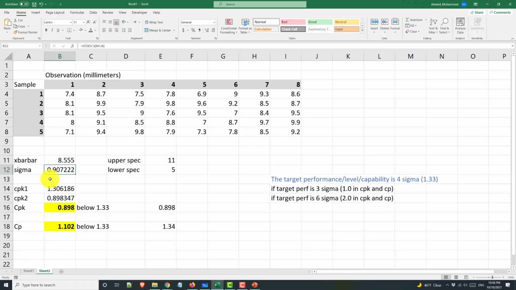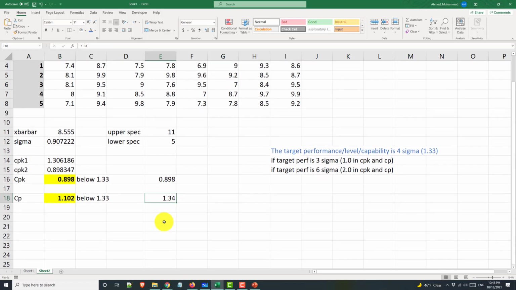Your process is very tight. It doesn't have a lot of variation, but it's not centered properly because CP does not care about centering, CPK does. So if CPK is too bad and CP is good, that means centering is the only problem. If you fix the centering of the process, if you fix the X bar bar to be in the middle of the upper and lower spec, that'll solve the problem. And so you would say, okay, the process is producing defects because it's not centered properly. That'll be the right option.